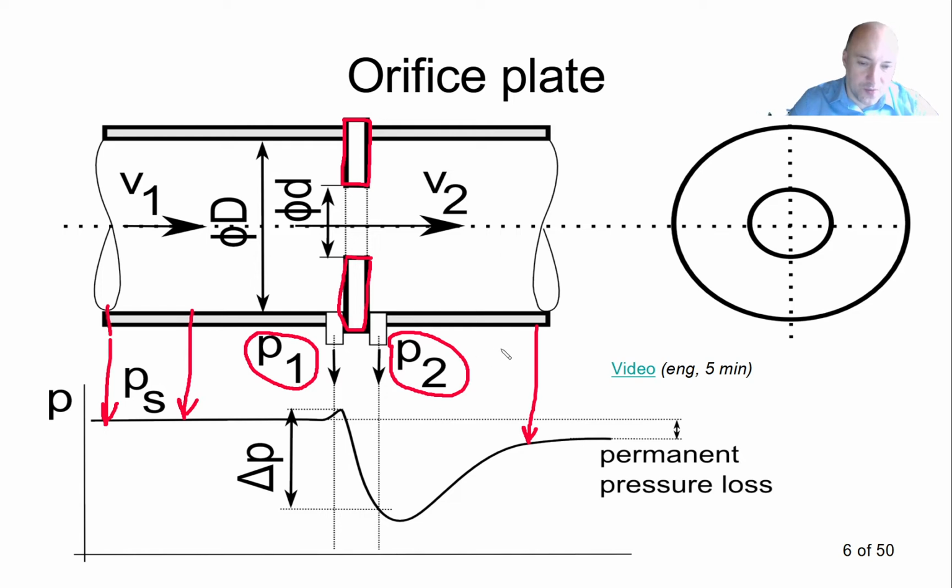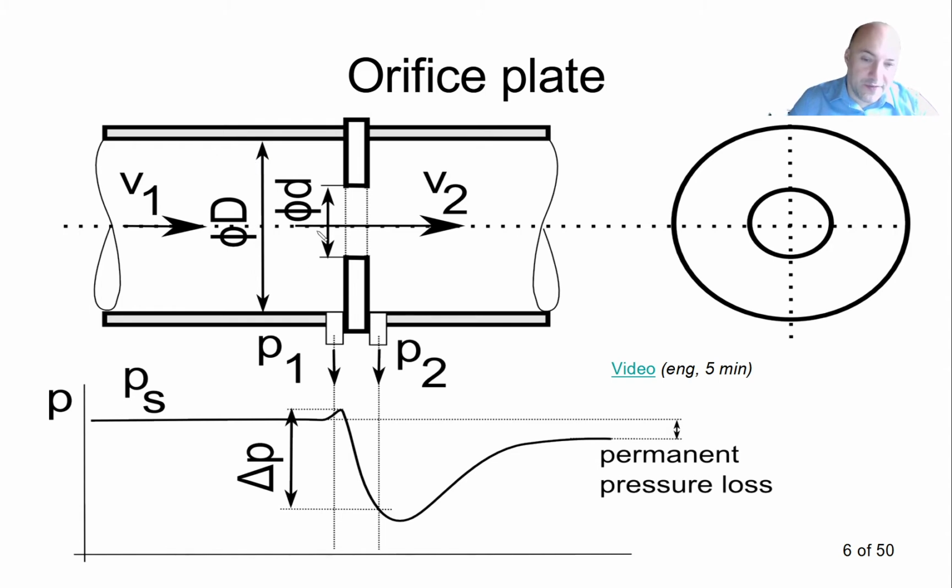Why is this so? This comes from the Bernoulli equation. You can see that here I have some speed of my liquid in the pipe. I will call that V1, and this liquid flows in some diameter d.